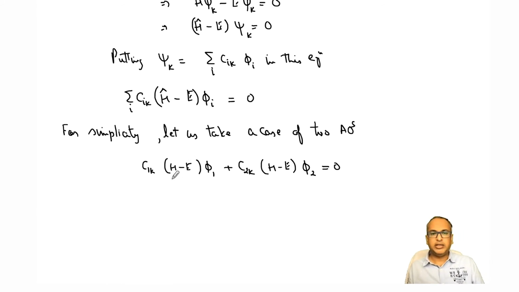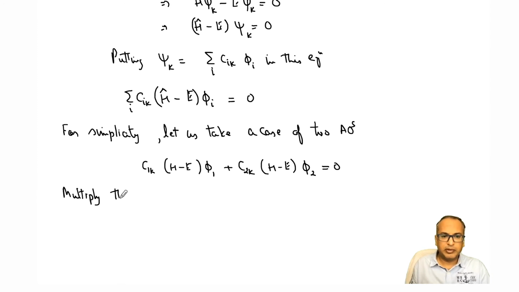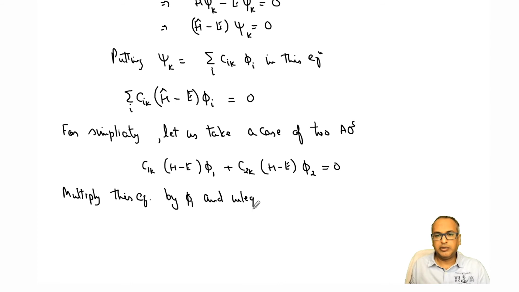So now we have the energies and the coefficients. How do we solve this? Now if we multiply this equation by phi 1 and integrate over all space.